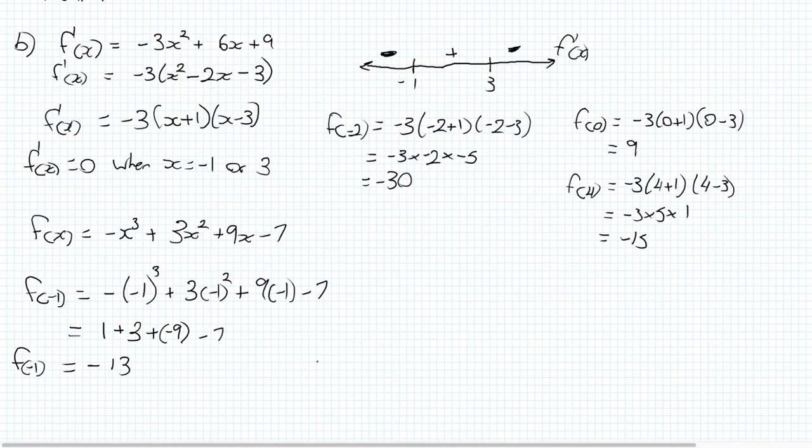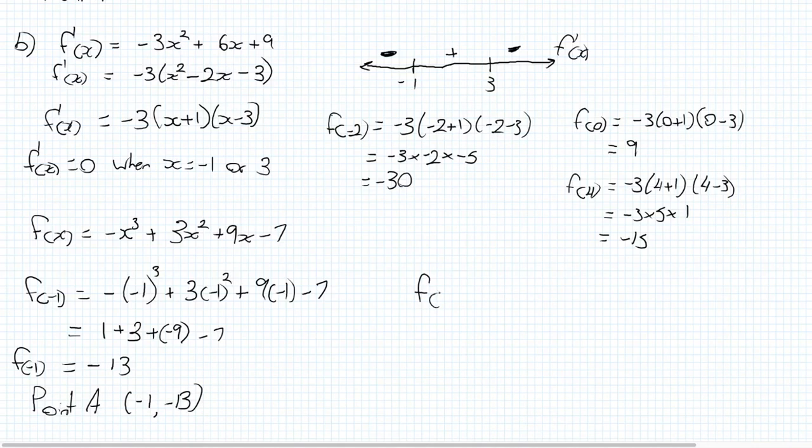So we know that point A has the coordinates of minus 1, minus 13.